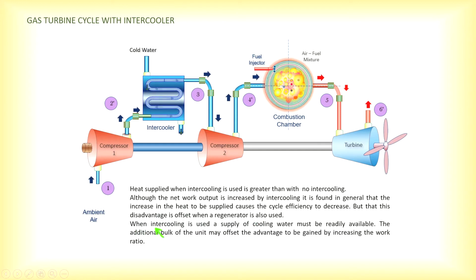Okay, so when intercooling is used, a supply of cooling water must be readily available. The additional bulk of the unit may offset the advantage to be gained by increasing the work ratio.